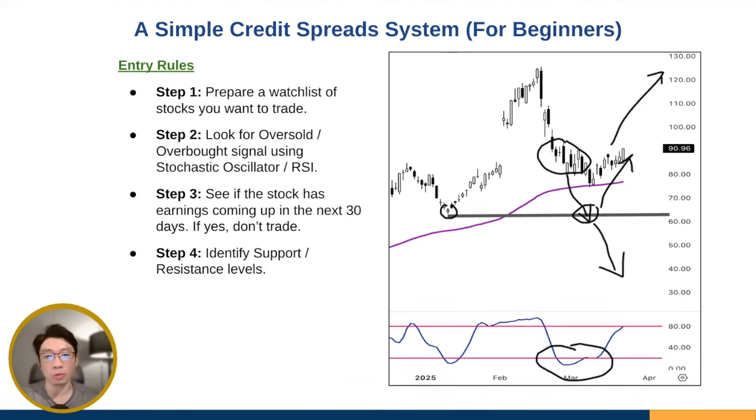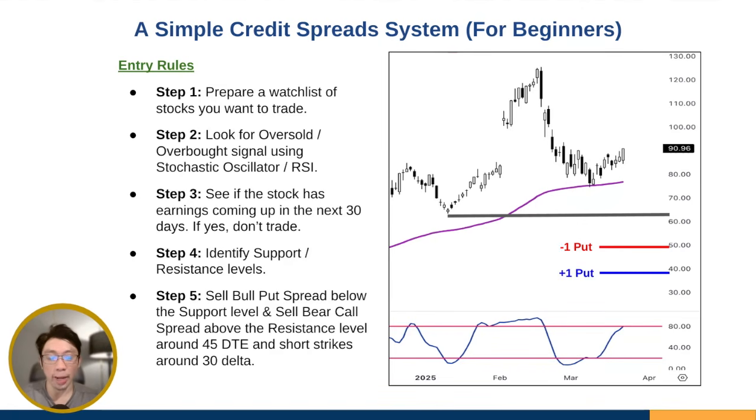Once you've identified the support or the resistance levels, if you want to trade the bear call spread for the resistance, this is where you start to sell your credit spreads. In this case, if you are trading the bull put spread, then you want the bull put spread to be below this support level. Okay, so you see that we have a few things on our side. Firstly, the stochastics says it's oversold.